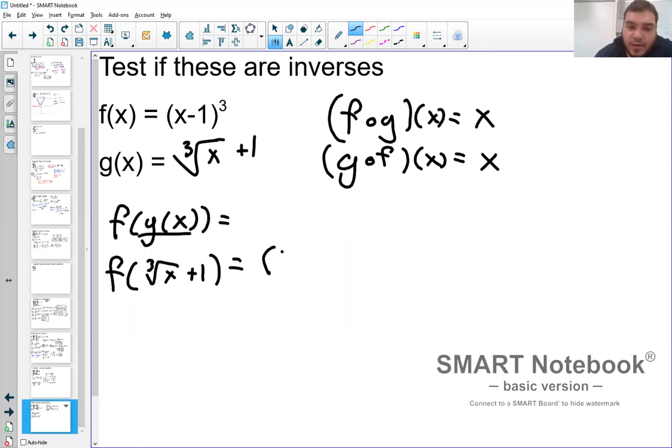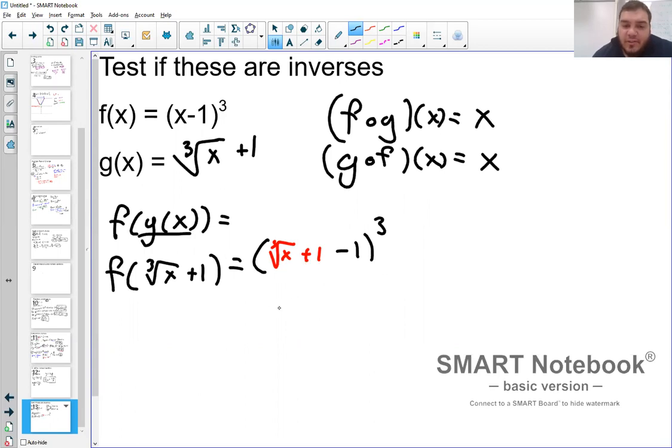This x right here is going to become cube root of x plus 1. So let me just fix this up a little bit. To make it less confusing, I'll use a different color. Cube root of x plus 1, minus 1, cubed.